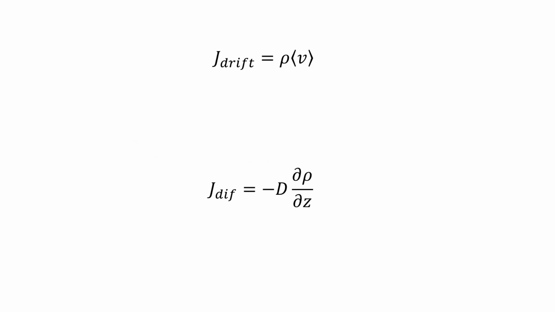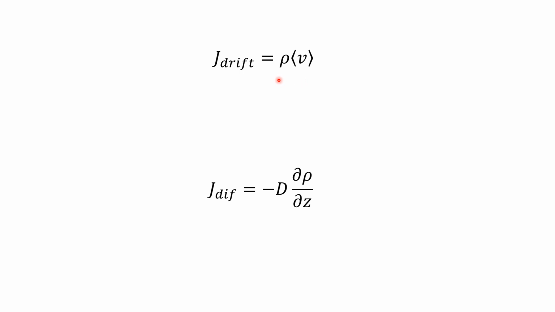Okay, so let's sum up what we have learned. There are two kinds of currents: the drift current and the diffusion current. The drift current is the current associated with a preferential velocity. In other words, the average velocity is not zero. This preferential velocity is caused by a force.